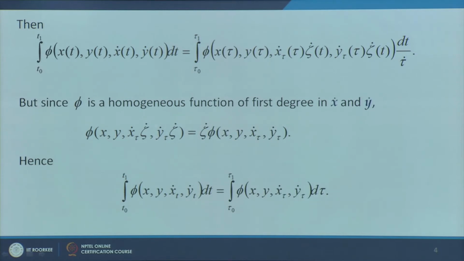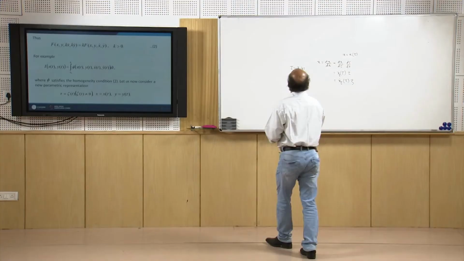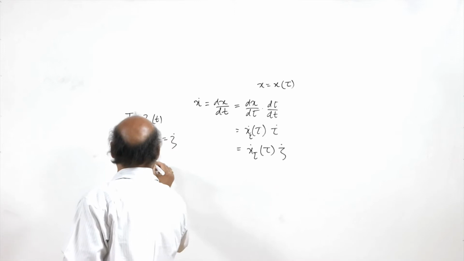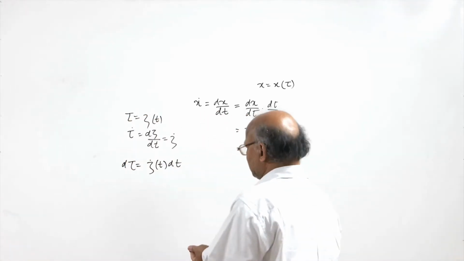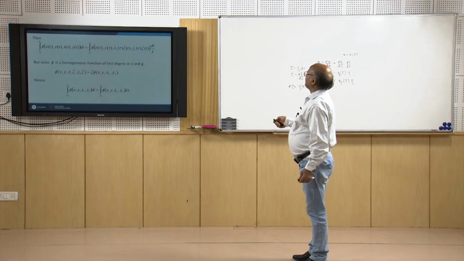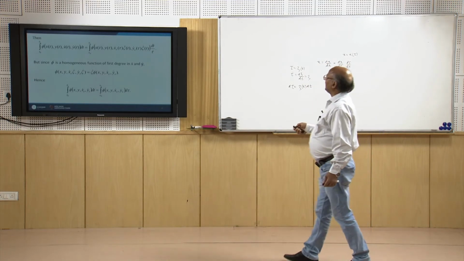And again, you can see tau is equal to zeta of t, so d tau equal to zeta dot(t) into dt, so dt will be replaced by d tau over zeta dot, and zeta dot is nothing but tau dot.